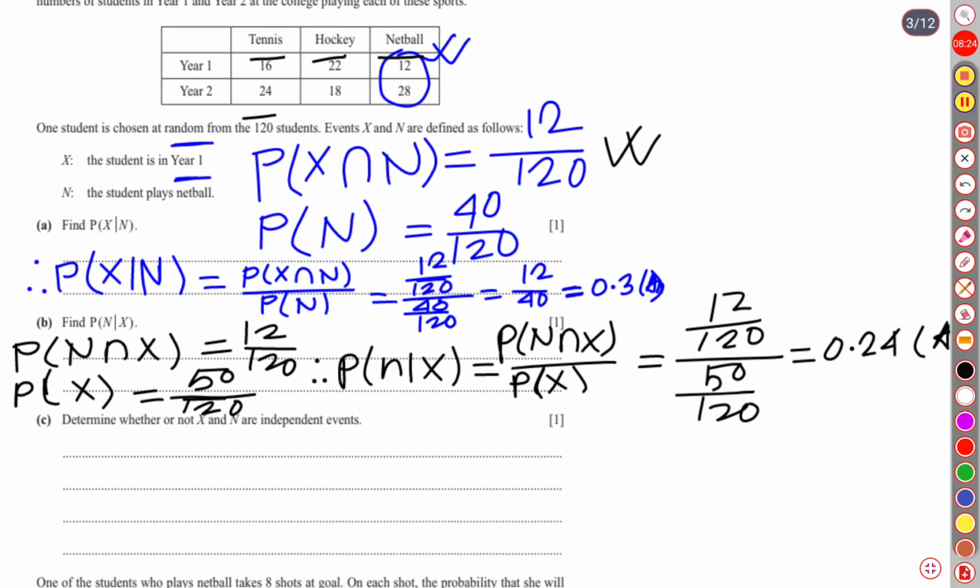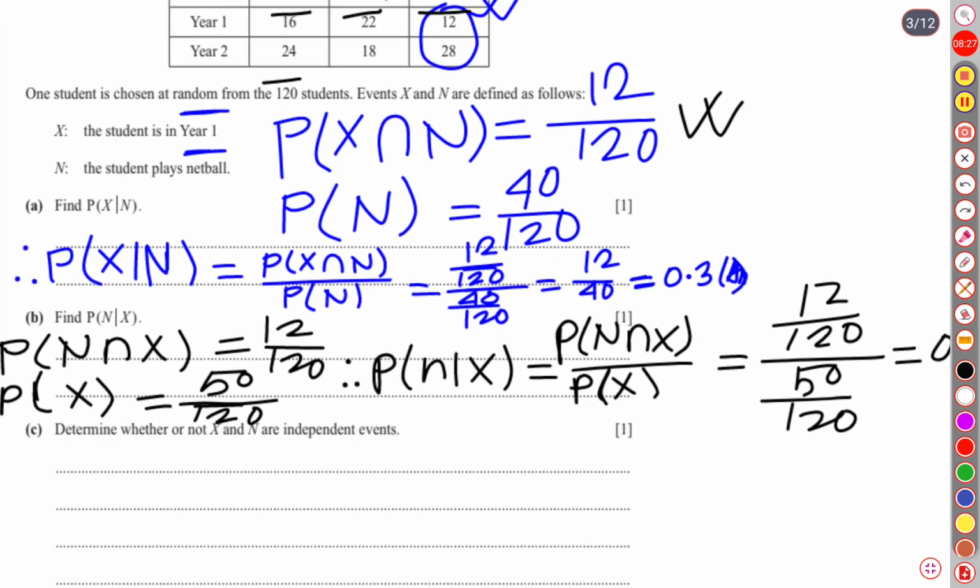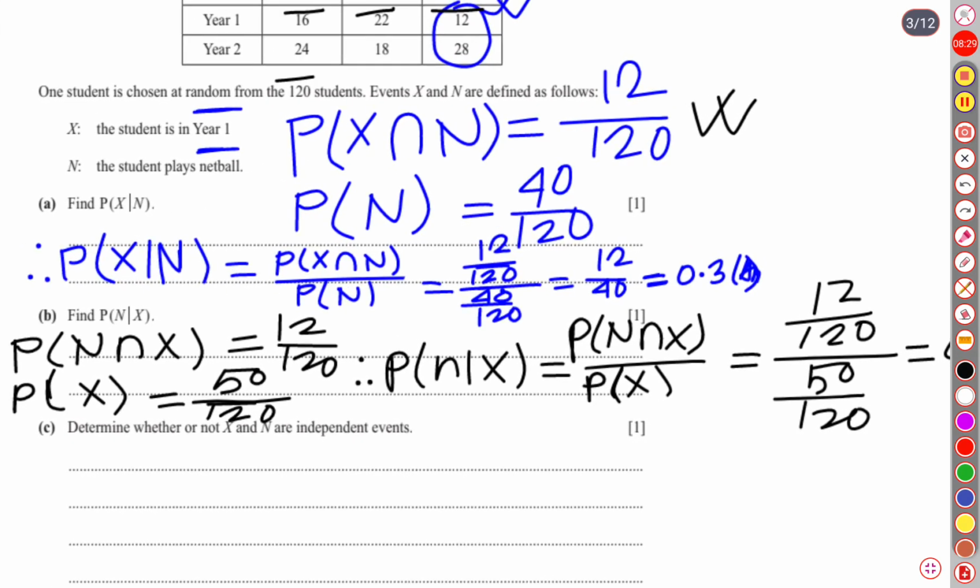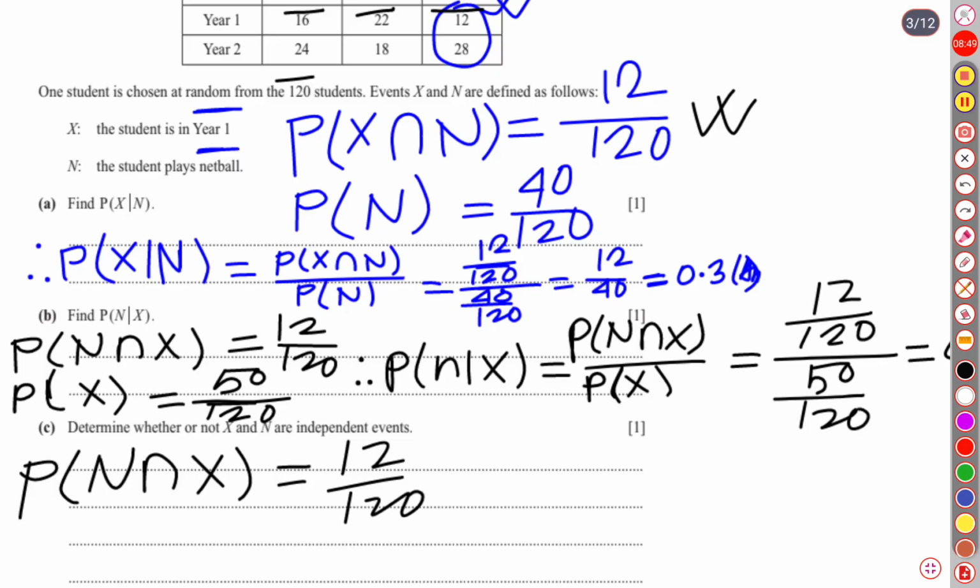First of all, we will have to find the probability of N intersection X. Already we have found that N intersection X is 12 over 120, and then the probability of N multiplied by the probability of X alone.